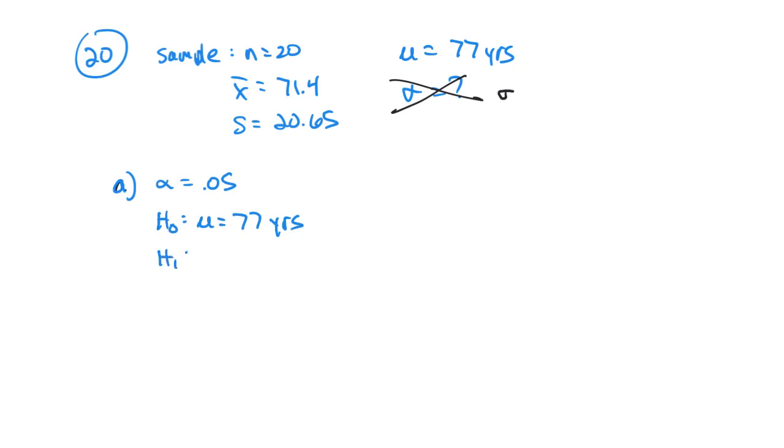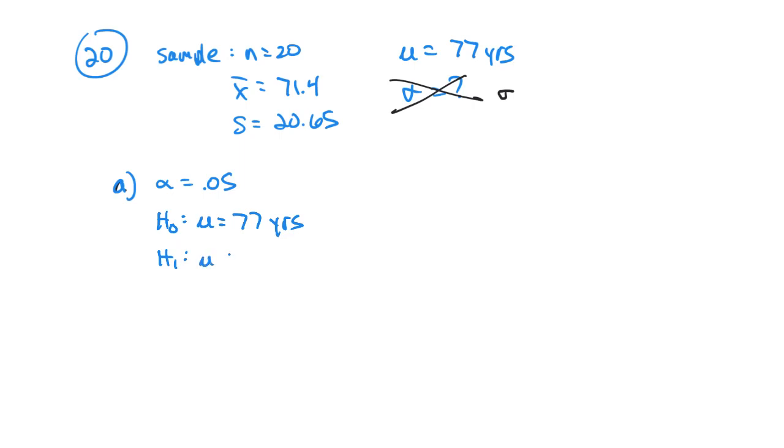The alternate, to see that, if you look at the second to last line in problem number 20, it says, does this information indicate that the population mean lifespan for Honolulu residents is less than 77 years? Less than.